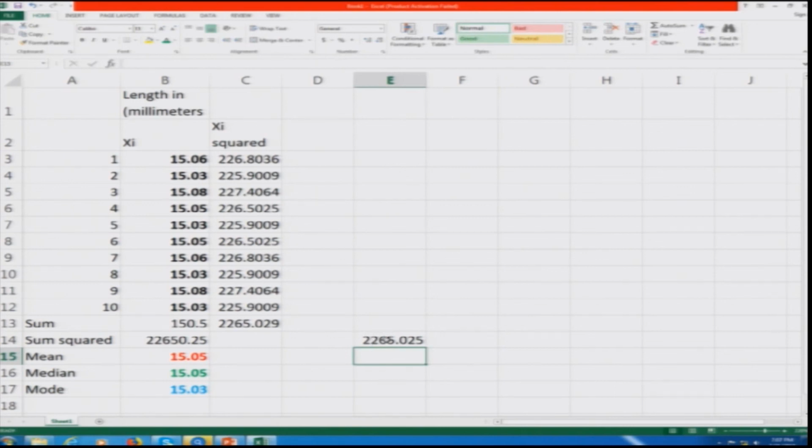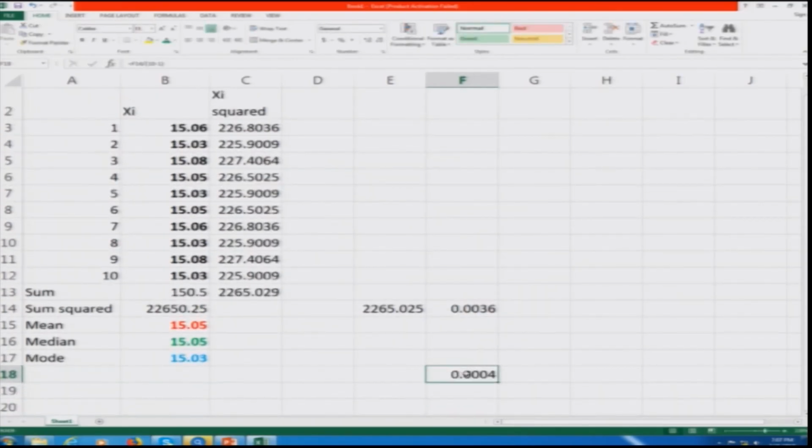Now I take the difference of these values, summation of x squared minus this. I will put this value here. Now variance is equal to this value divided by n minus 1, that is 10 minus 1.